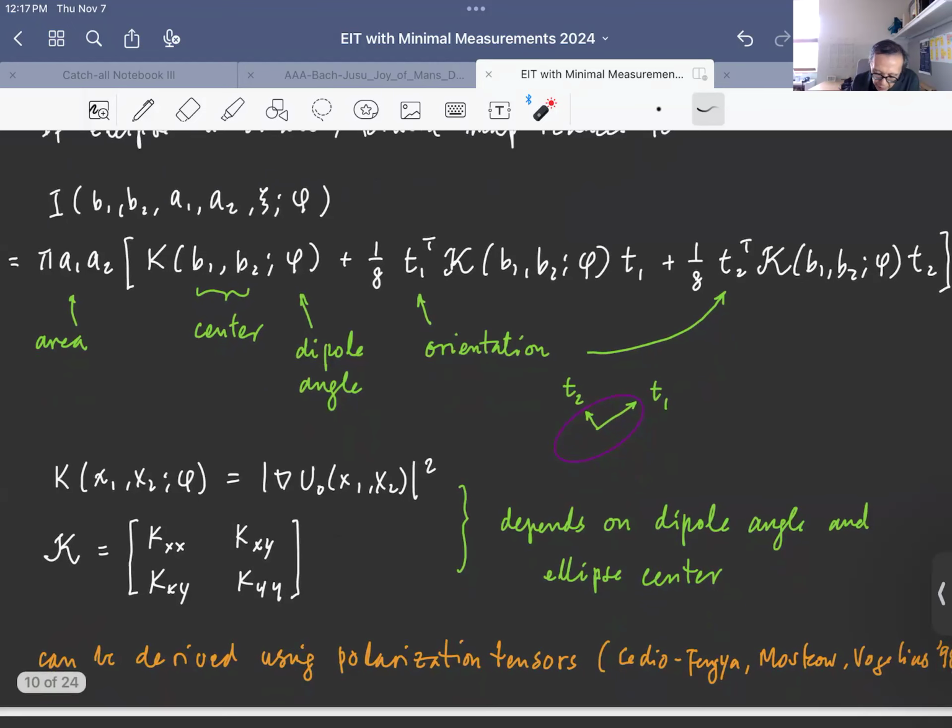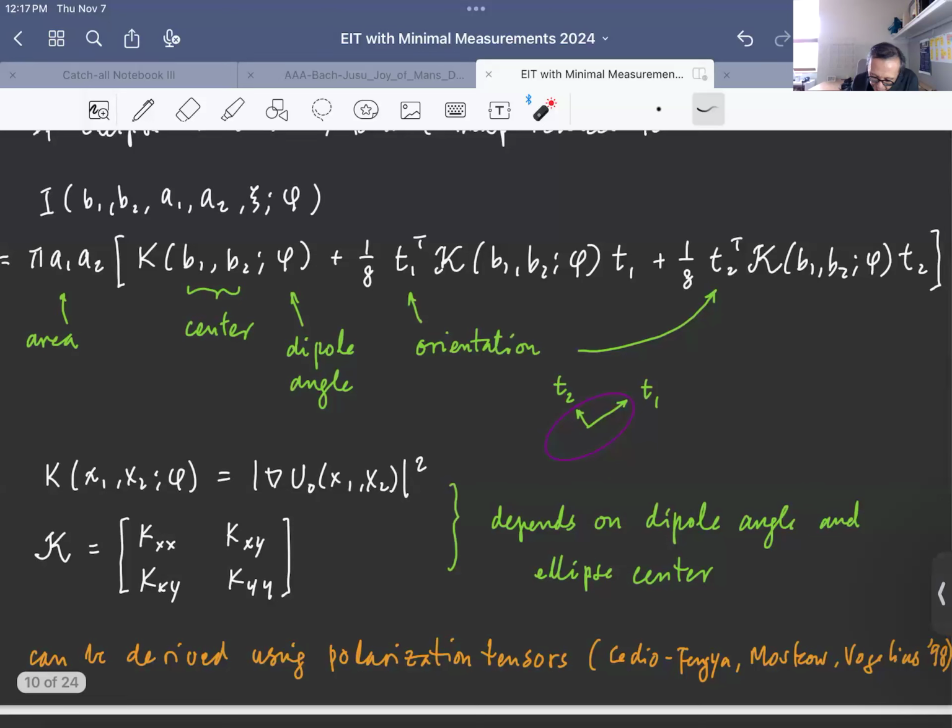They both depend on the dipole angle and also the ellipse center. This can be derived using the polarization tensor as described in the very early paper of Friedman, Vogelius and others. The formula comes out exactly the same.